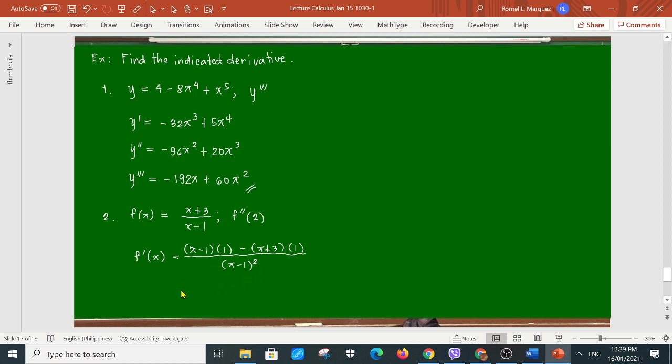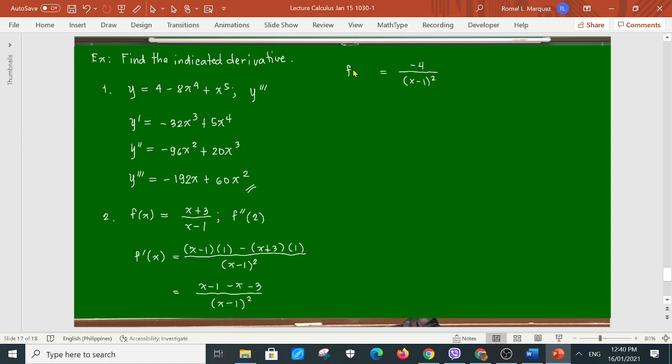Okay? So that is equal to, when simplified, x minus 1, then minus x minus 3, all over x minus 1 quantity squared. Simplifying further, we get negative 4 over x minus 1 raised to 2.